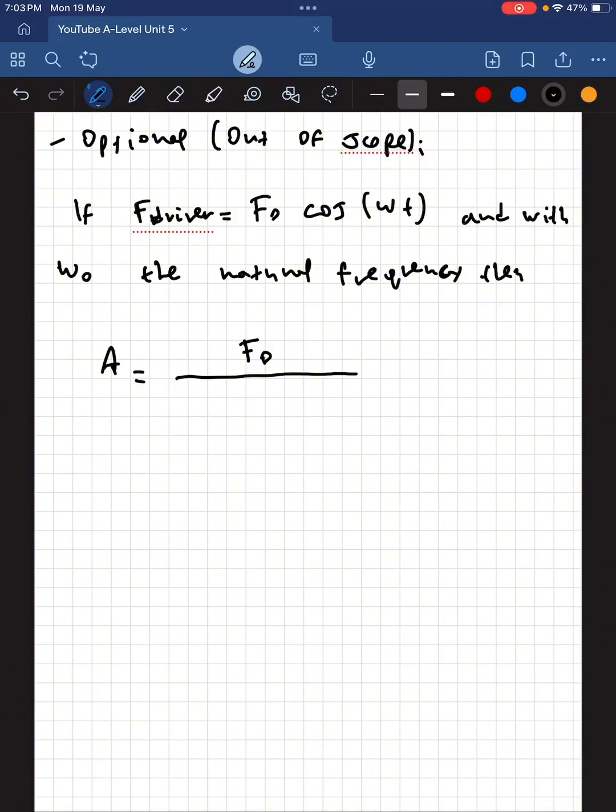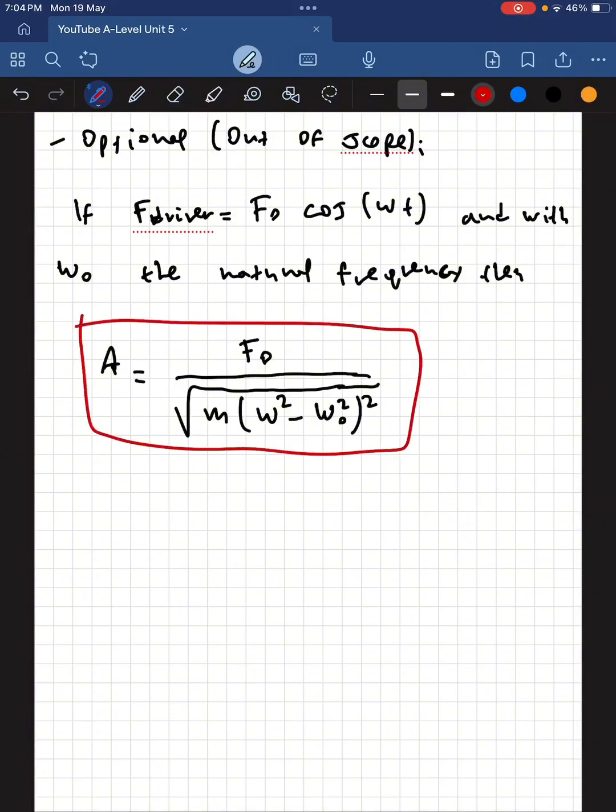F naught, the amplitude of the driving force, over the square root of m, the mass of the object, times omega squared, the frequency of the driving force, minus the natural frequency squared, and the whole thing squared. Okay? So this is the formula.